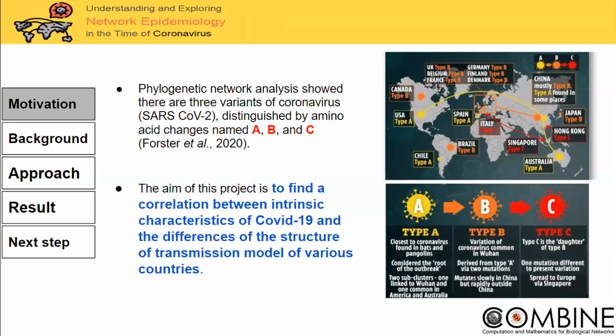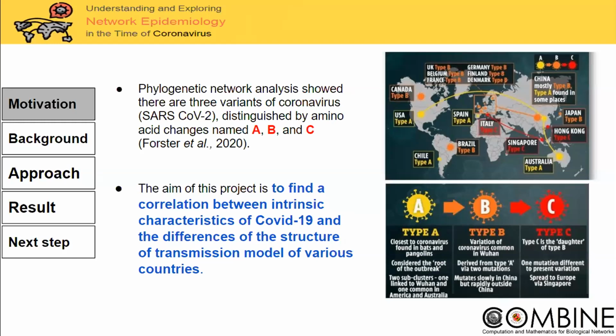Type A is the closest to the coronavirus mother. However, it has 2 mutations. Type B has another 2 mutations and has spread in most of the countries around the world. And type C is the daughter of type B and has 1 mutation, a 2% variation. It is spread in Europe via Singapore.